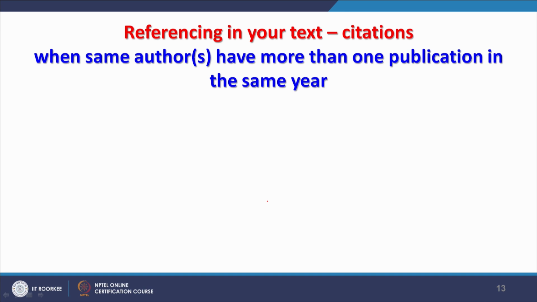So, references in your text: how would you write when the same author has more than one publication in the same year? Sometimes we face this problem, that one author or many authors together have published many papers in the same year. Then how would you write? A very simple way: we use the alphabets A, B, C, and in the list of references we mention them the same way.